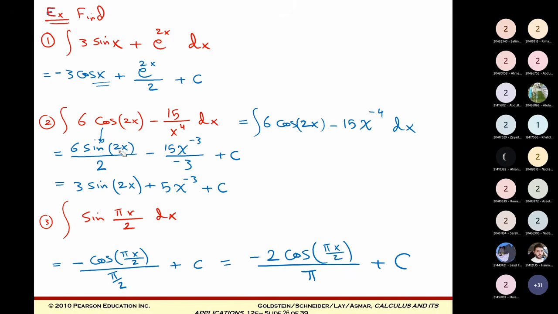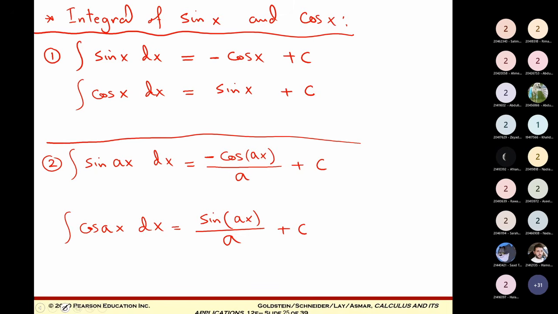The angle is the same, without any change, okay? Look at the rules. The sine ax, this is the same, ax, no change. But divide over what? The coefficient, just the coefficient. Okay?